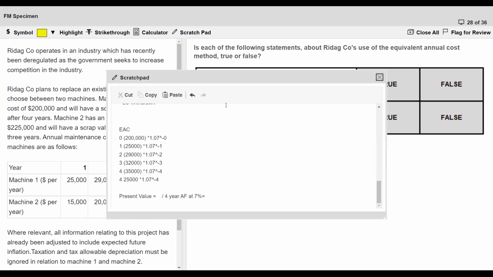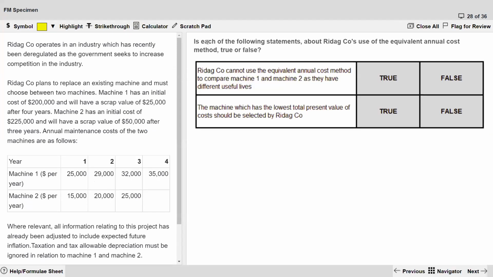I am not using the calculator. You people are using it. Just try to see whatever the correct answer is. Let's try to do this one.